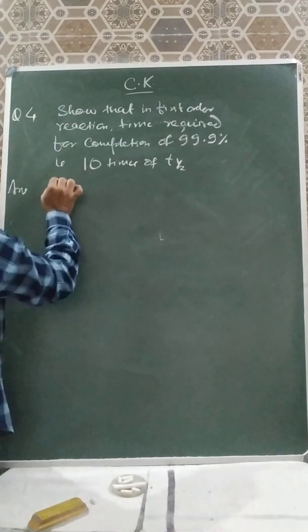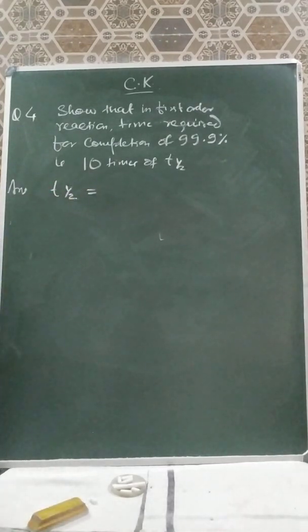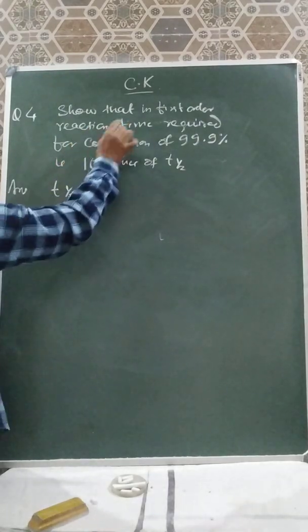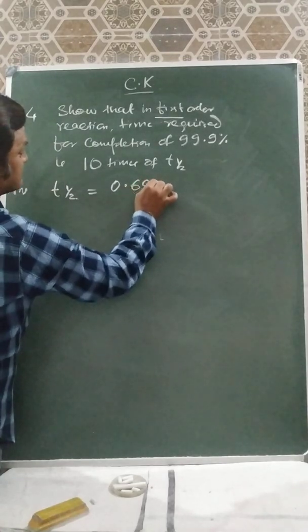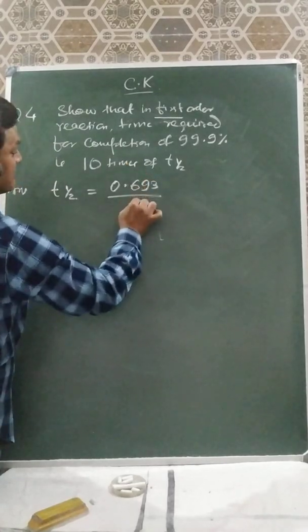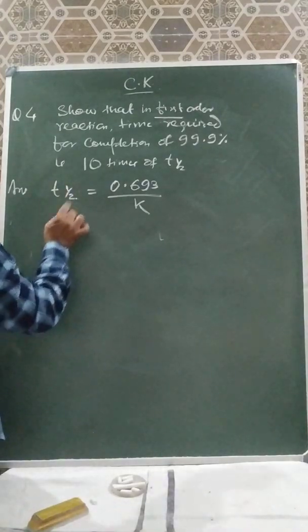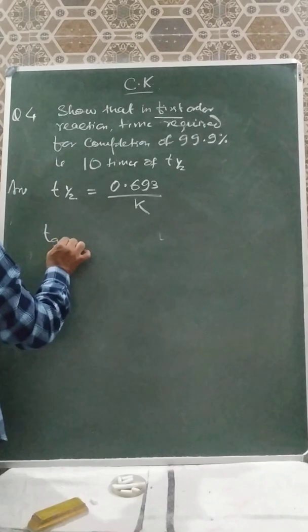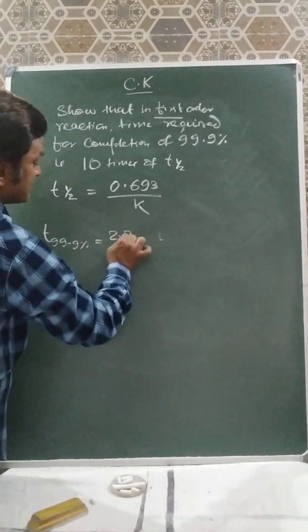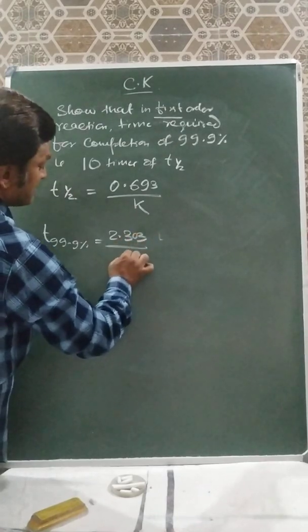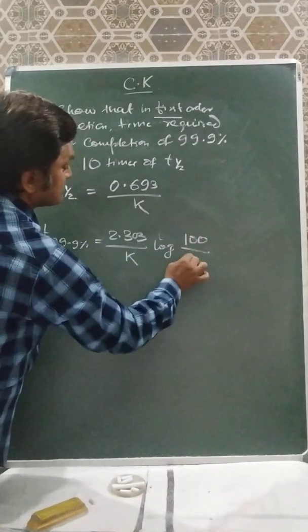Solution: t half, according to the first order reaction law, is equal to 0.693 by k. Next, t 99.9% is equal to 2.303 divided by k log of original, which is 100, and remaining, which is 0.1.